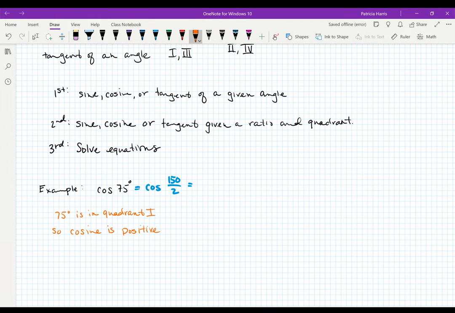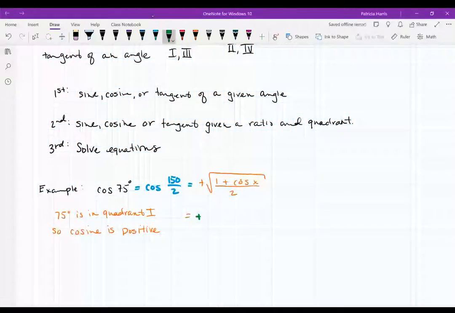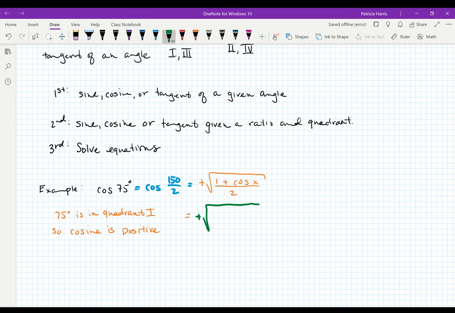Okay, so now we look at our formula and we say, okay, well, since it's positive, 1 plus cosine x over 2, just like that. Now we start substituting positive. Okay, remember our x is 150 because x over 2 is 75.